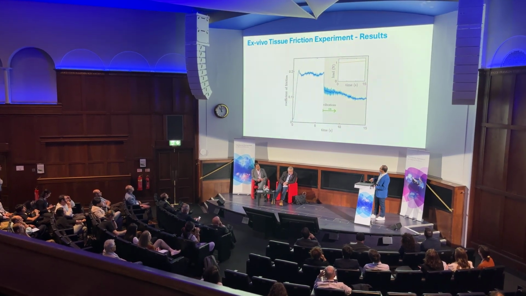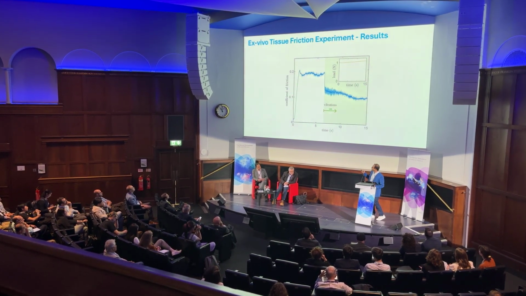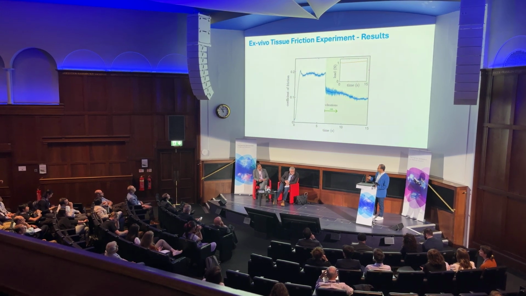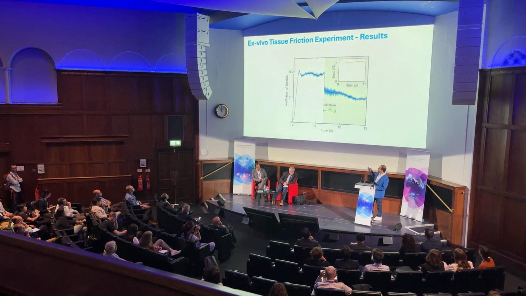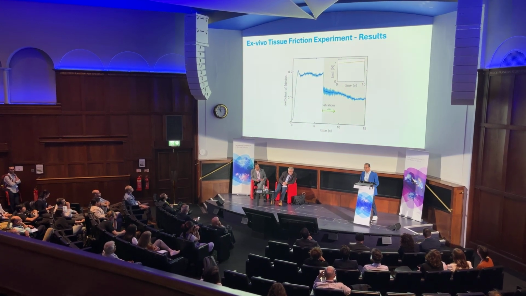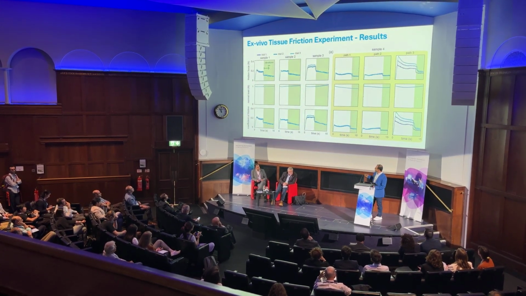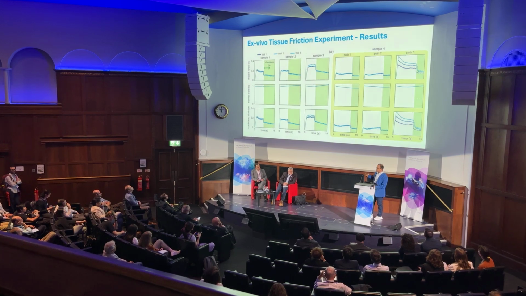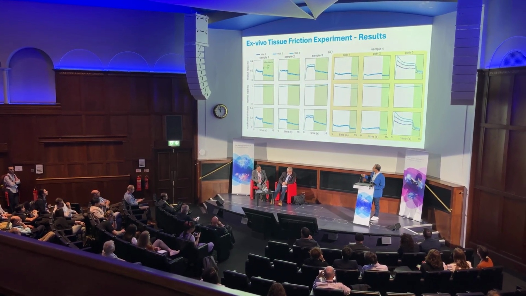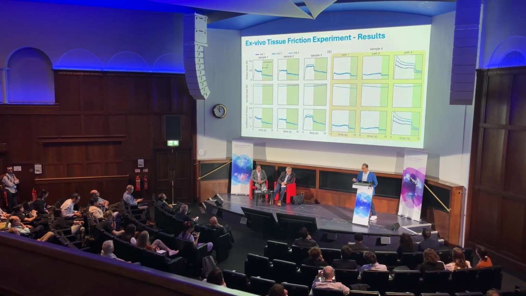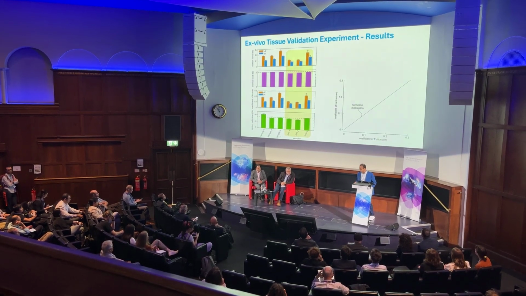Looking at the results, our friction measurements show that our system is capable of reducing friction. If you look at the coefficient of friction, you see that it drops immediately once we start applying vibrations. And if we repeat this sequence on different samples and on different paths in the same sample, we can observe that friction reduction can be achieved across all samples and across all paths, validating that the design is feasible.